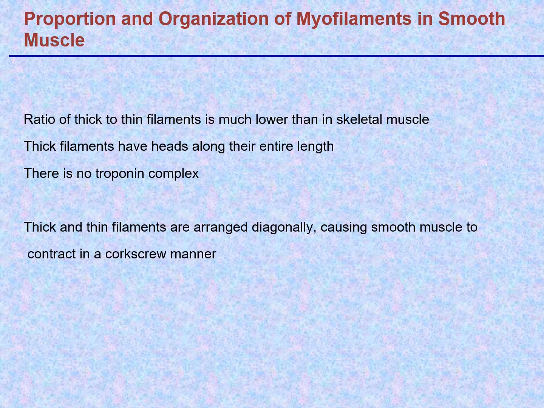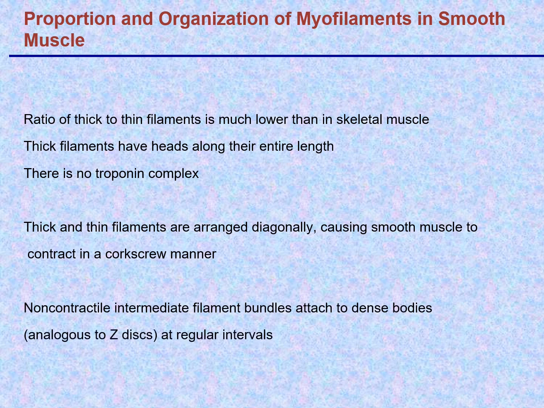The relative ratio of thick to thin filaments is lower in smooth muscle than in skeletal muscle. And the thick filaments have heads along their entire length, not more towards one end.